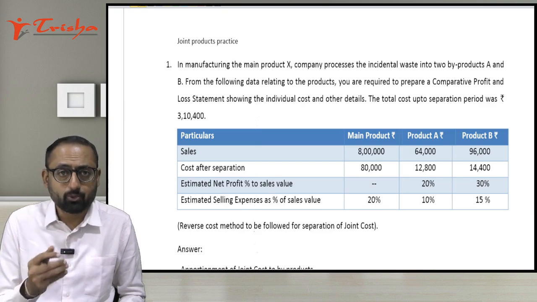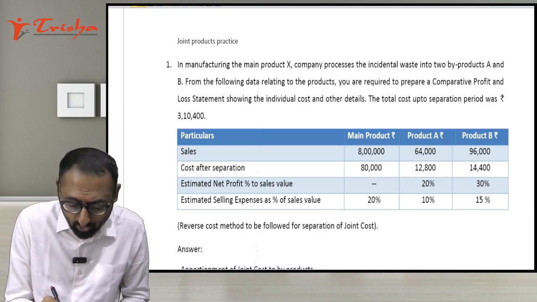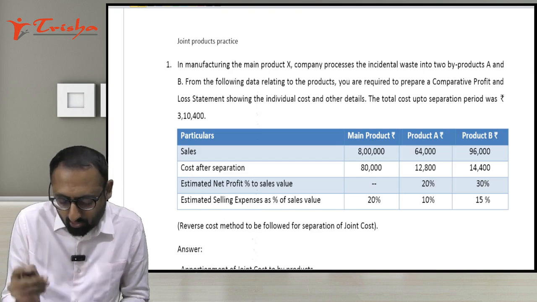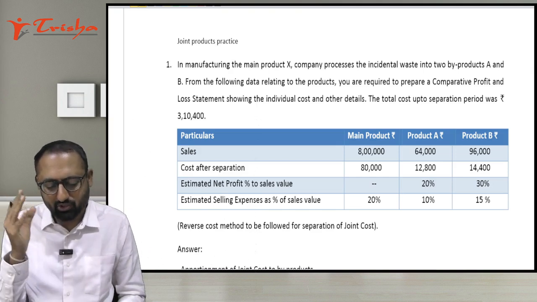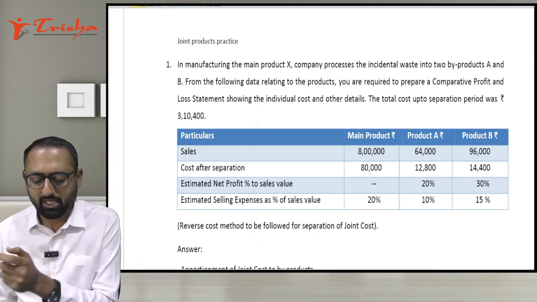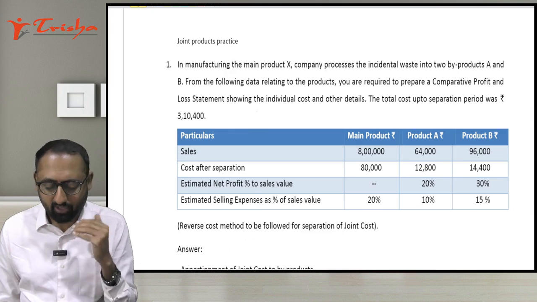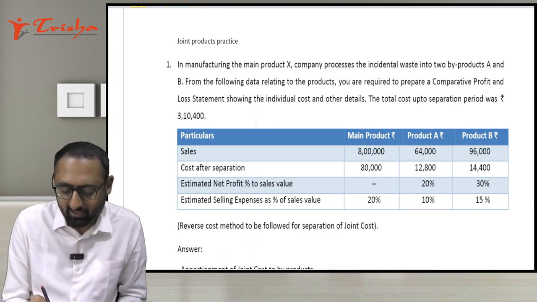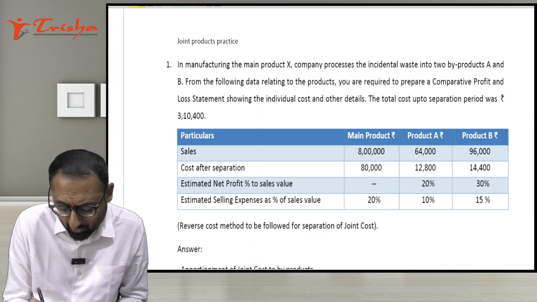So cost up to separation is also called the joint cost. Joint cost is 3,10,400. Next, particulars: main product, A and B. Sales is given. Cost after separation is given, which is also called the further processing cost.